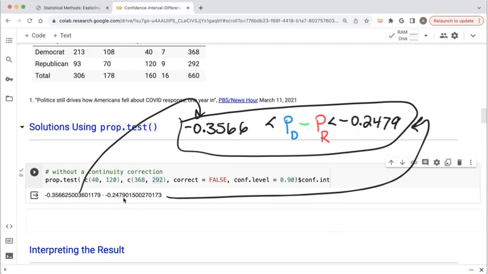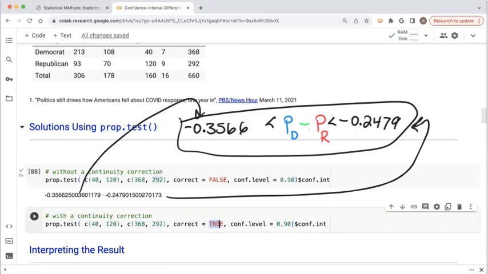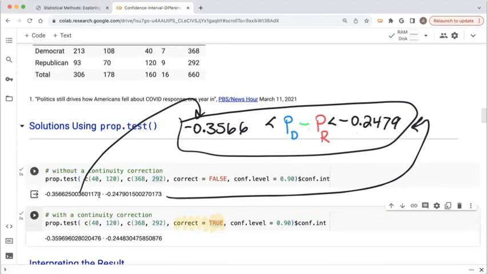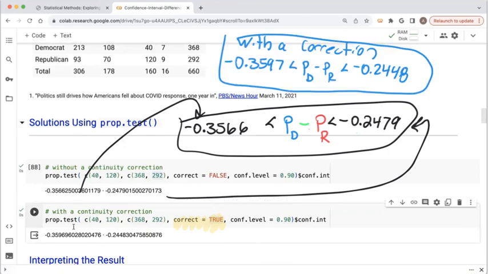If we want to apply a continuity correction, I enter the same command, but I just change the correct option from false to true. And you can see here we get a slightly different confidence interval. The cutoffs are a little bit different, but they're really close to each other.